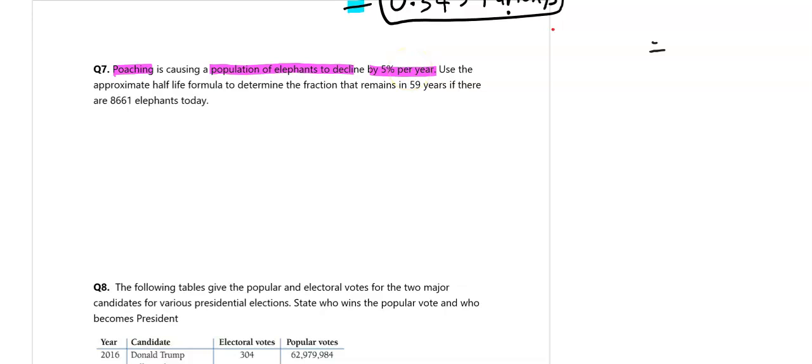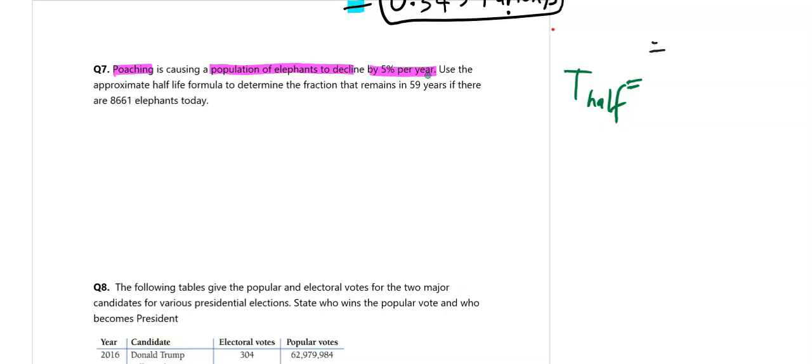So you have to find first when the elephants are going to be half. First you have to find that t half. In other words, in what year will there be approximately half the elephants if they decline 5% per year.